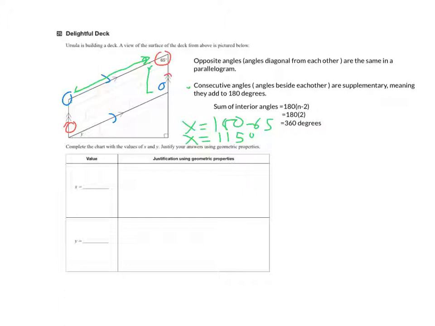Another way would be if you decided this was 65, you can subtract 130 from 360, because you know that's the total number of angles, and then you can divide that number by 115. So whichever one you're comfortable with or you remember. I'm going to put my justification.